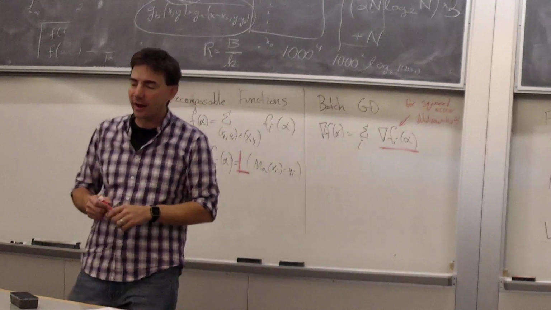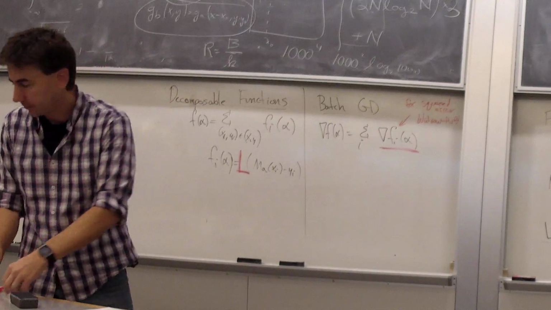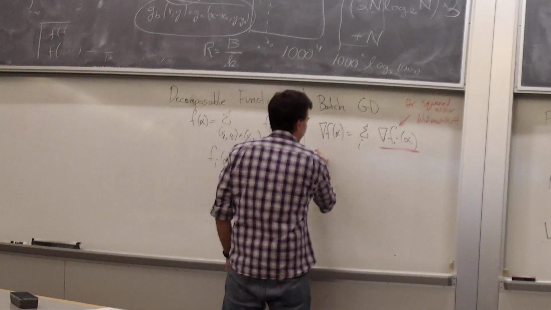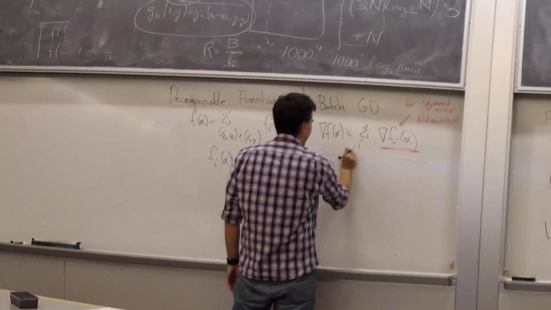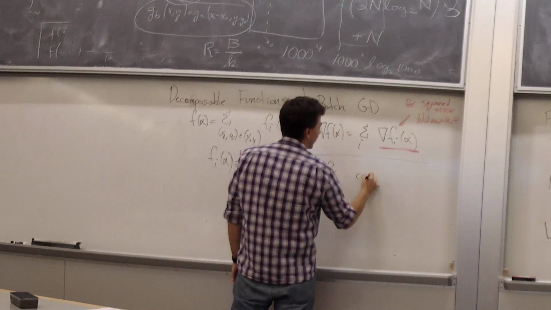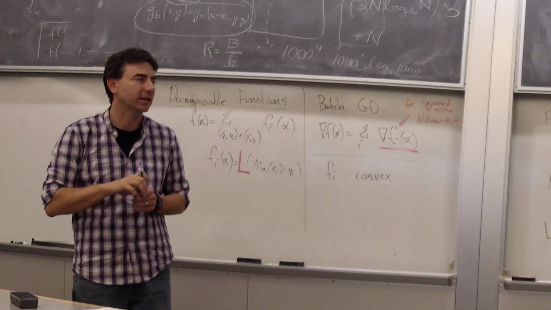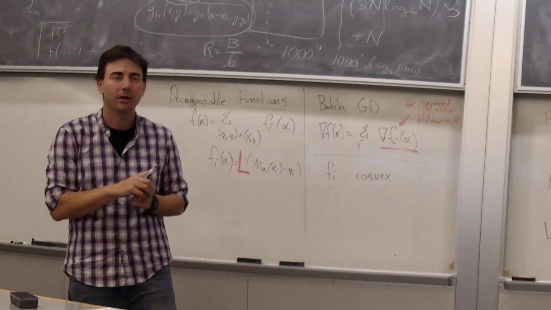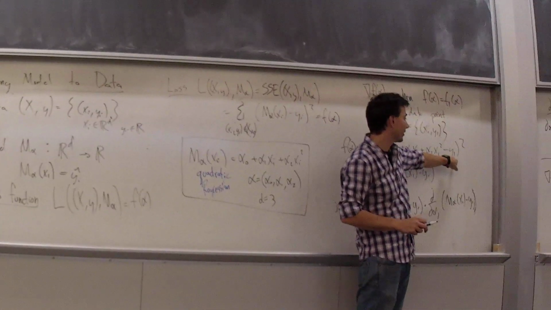Okay, what's nice about this is I know that each of these f_i functions is going to be convex, because this function is going to be quadratic, right? It's linear in all of the alpha terms, because this one is multiplied by 1, and x_1 and x_1 squared are constants, and y_1 is a constant.